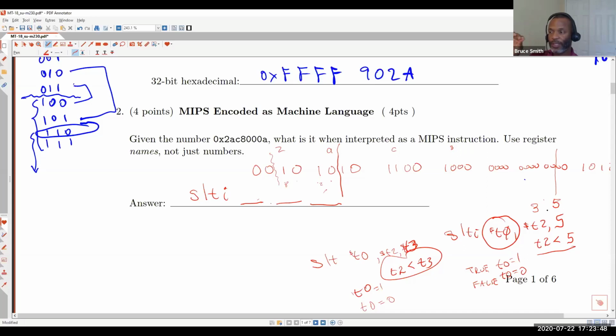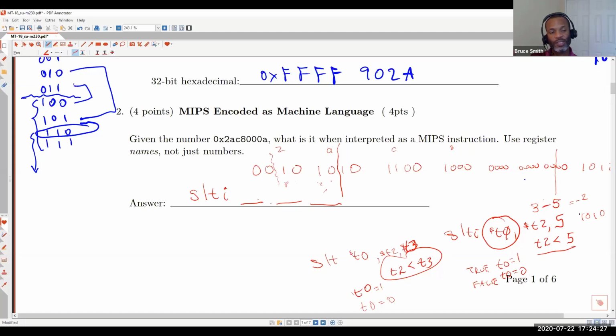Here's what happens, and I'll just mention it, and I hope we can have enough time to look at the hardware to see how this is done. If you want to test to see if one value is less than another, it's really simple. You use your ALU, your arithmetic and logic unit, and you simply do a subtraction. 3 minus 5 is a -2. A negative value will always have its most significant bit set to a 1.